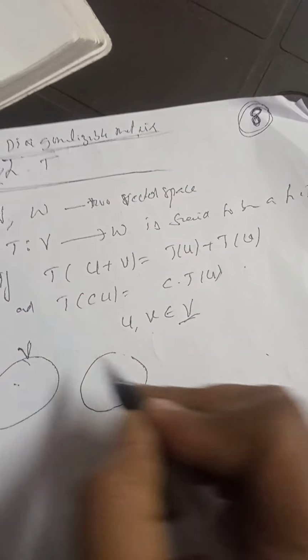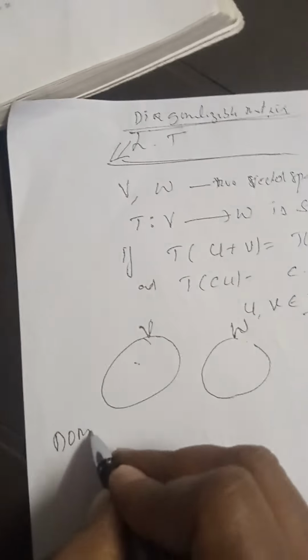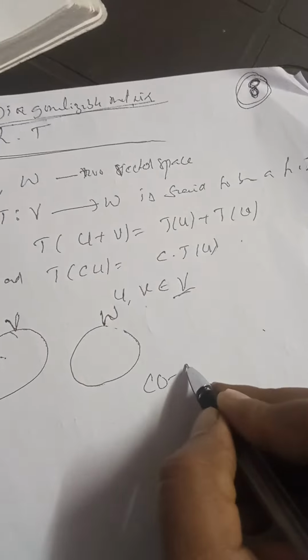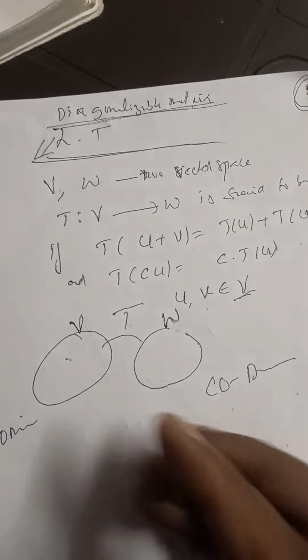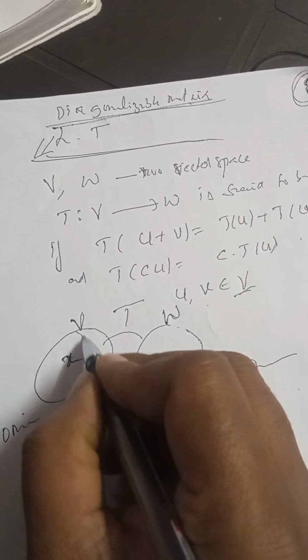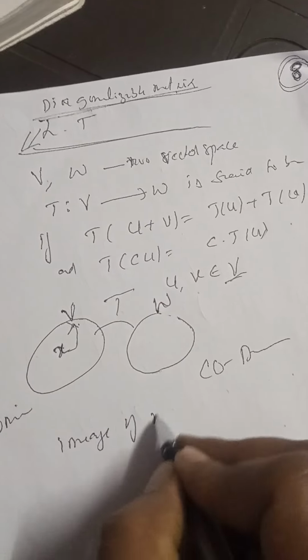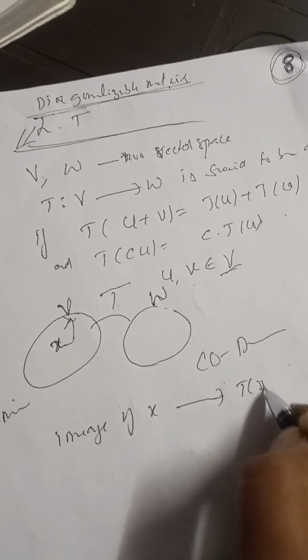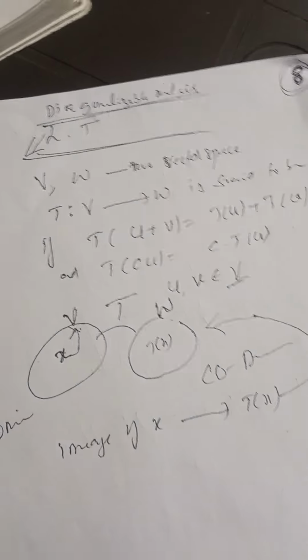See, this is the first vector space, this is the second vector space, this is called the domain, this is called the codomain. Now T is a mapping, we know that. Now suppose X is an element in V, then its image of X is denoted by T of X. T of X is in W simply, right?